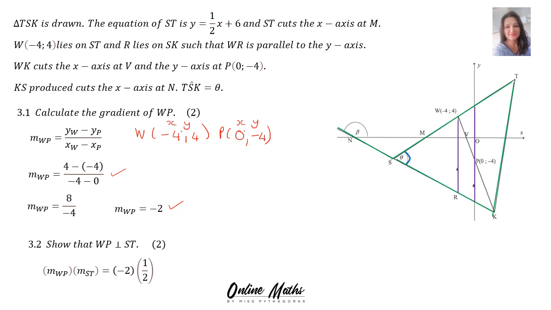So WP's gradient we just calculated was -2, and then ST's gradient was given as a half. When you multiply those two, you get -1 indeed. And therefore, ST is perpendicular to WP. And then where are the marks? The fact that you knew you had to multiply the two and that the answer is -1, resulting in the two lines being perpendicular.